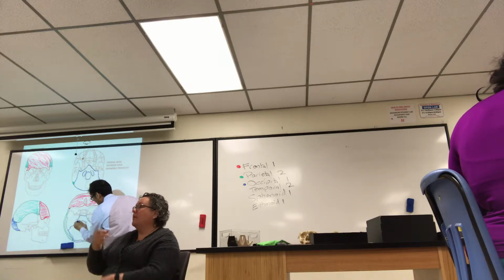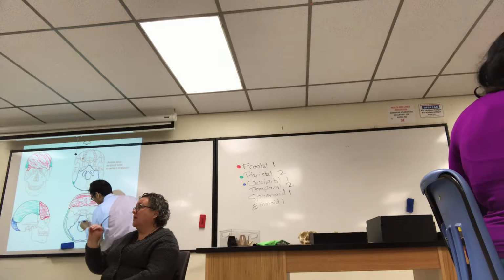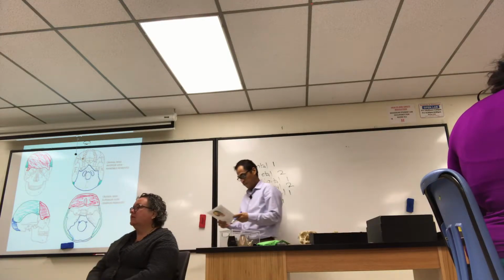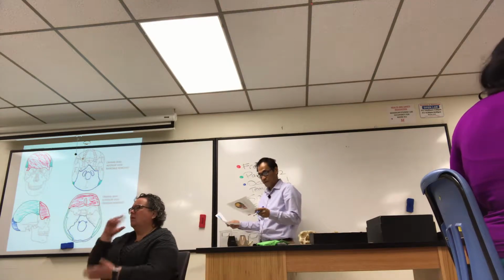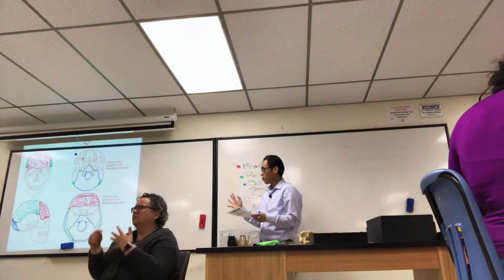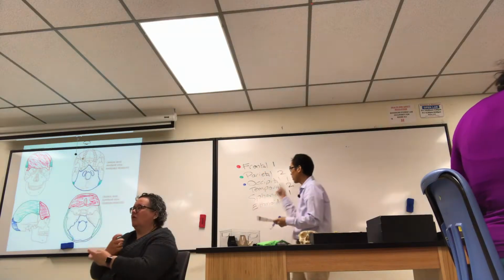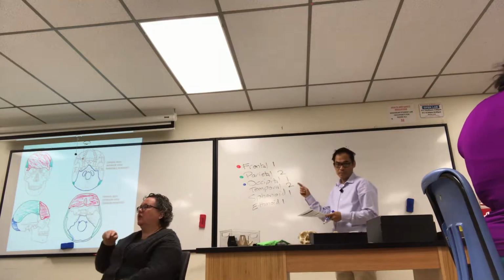Got two little holes in there. We'll get to the surface features. I just want to get through where they are in the skull. So that's the base of the skull and the posterior skull, occipital bone. Okay.